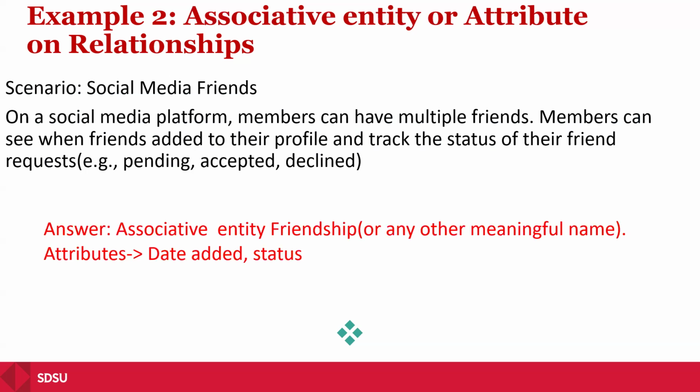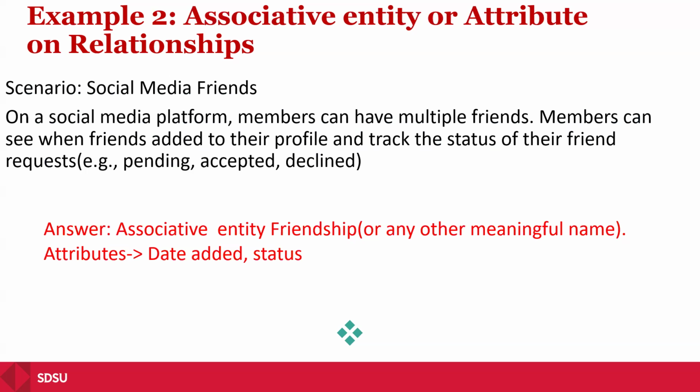All right. So, similar to the previous example, it's also a case for an associative entity because there are various attributes we need to track for this friendship.